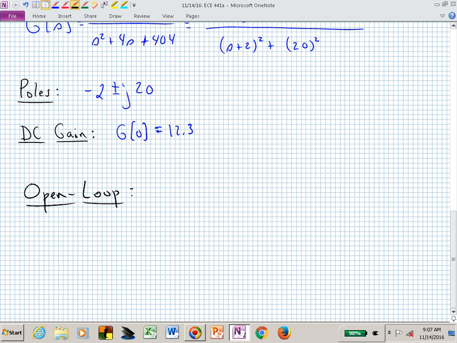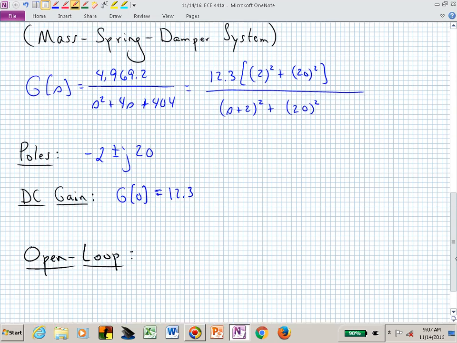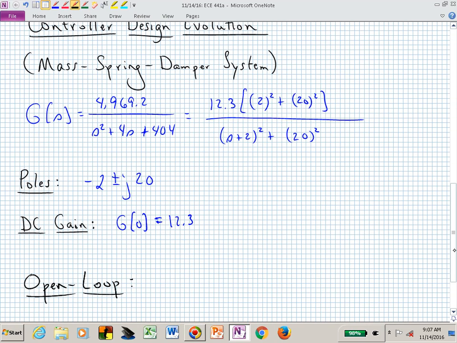Now, for this particular system, if we look at the open loop behavior, what would you see based on this information that's already presented to us? What could you determine from this information? What kind of performance specifications are immediately available to us from what I've given already about that mass spring damper system in the form of a transfer function?